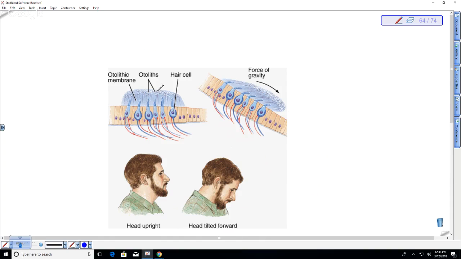So the cool thing is that these little ear stones called otoliths press down onto the hair cells that then will change direction when the force of gravity changes. Okay. So this is actually super important. If you don't have this sensation, or if you have problems with your equilibrium, it can make you feel really bad.